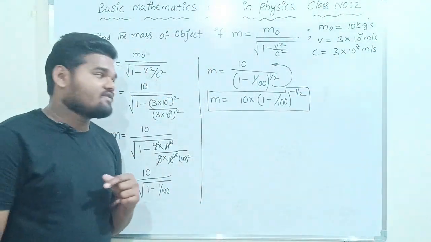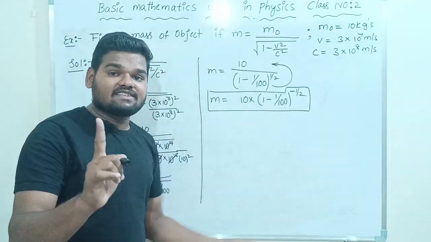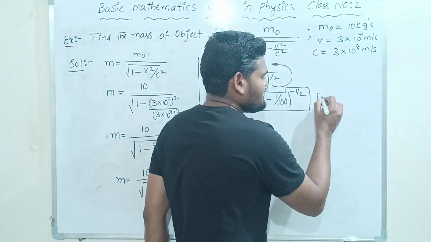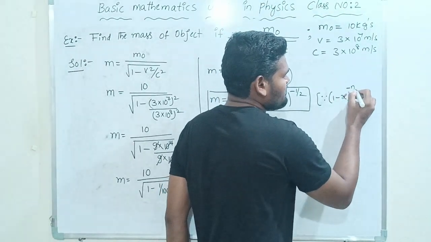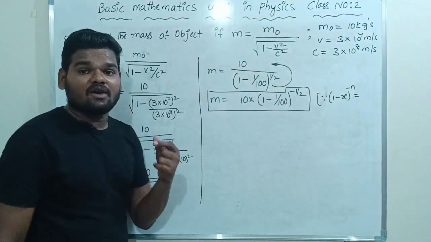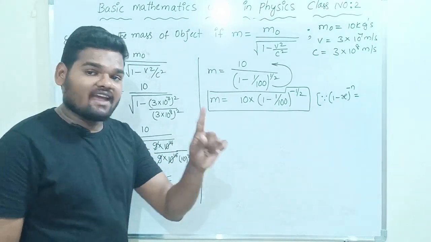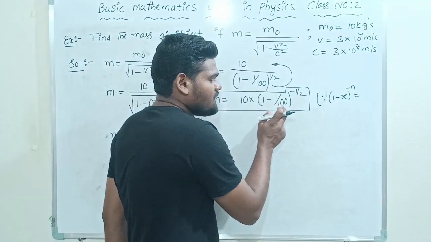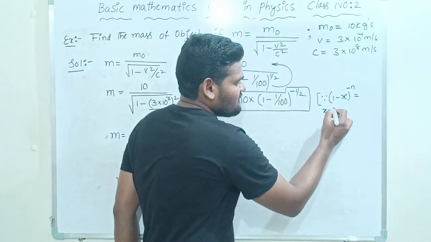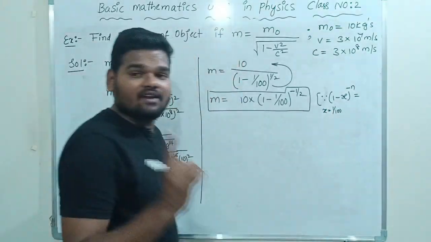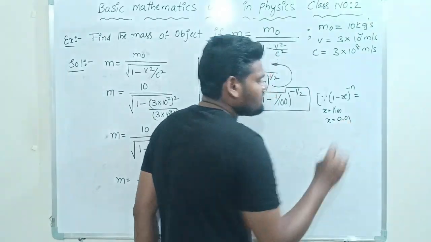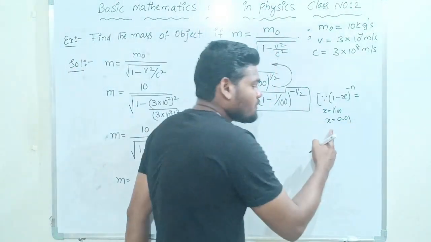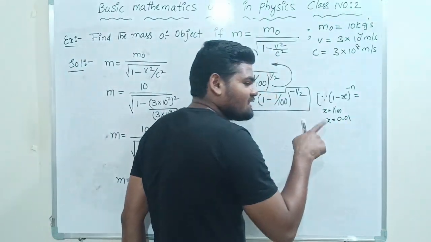Now if you observe carefully, this term is in the form of 1 minus x whole to the power of minus n. And at the place of x we have 1 by 100. 1 by 100 means what? x is equal to 0.01. So 0.01 is less than 1.